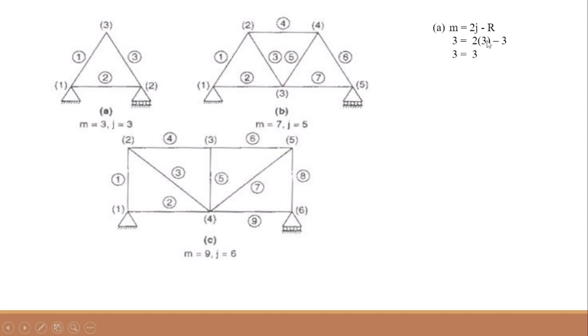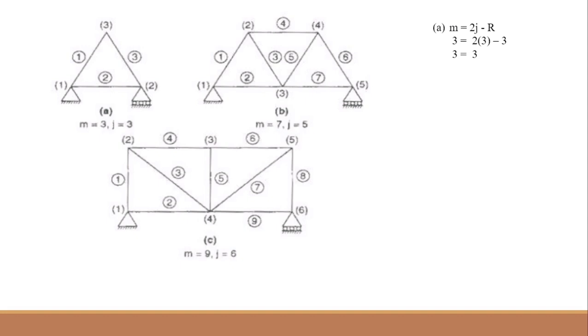When I substitute in the equation m is equal to 2j minus r, or 2j minus 3, what I get is m is 3 equal to 2 into 3 minus 3, which is 3. So 3 is equal to 3. It satisfies the equation and it is a perfect truss. If it satisfies the equation, it is called a perfect truss.